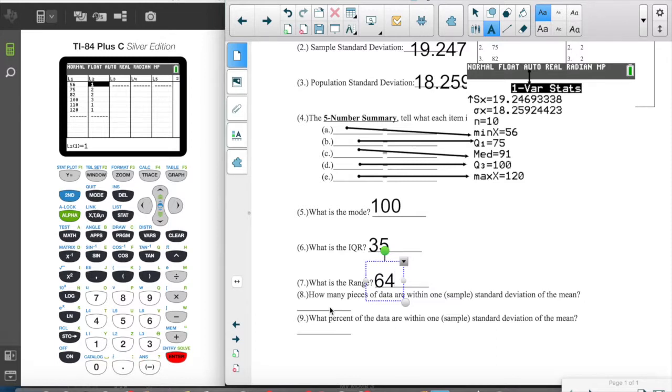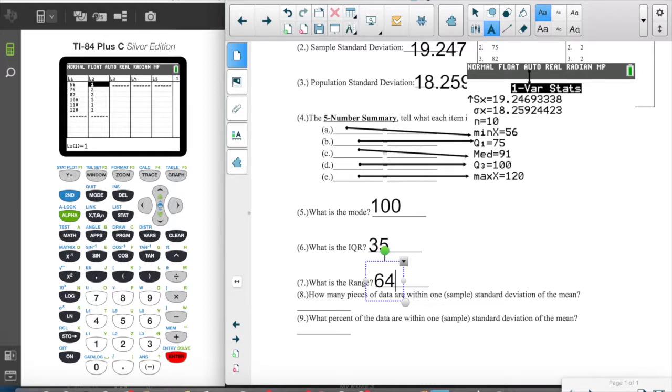It asks, within one sample standard deviation, how many pieces of data are within that. We know that one sample standard deviation, as we looked up, was 19.247. The mean is 90, correct?